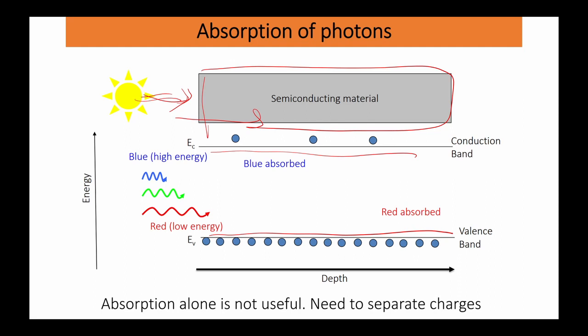Solar energy contains a range of wavelengths. So this is blue light, which is very high energy, this is green, which lies in the middle, and this is red, which has low energy.